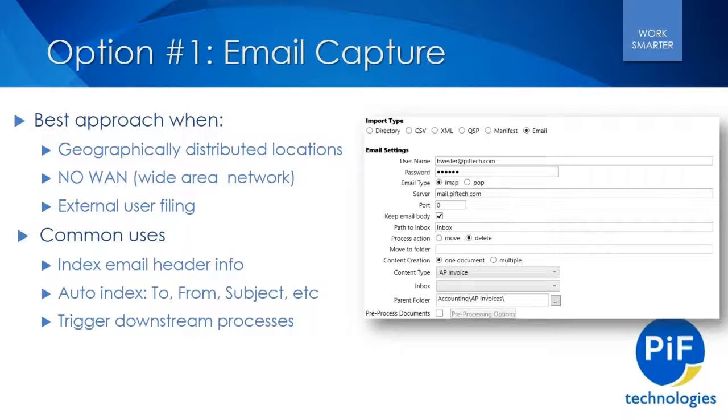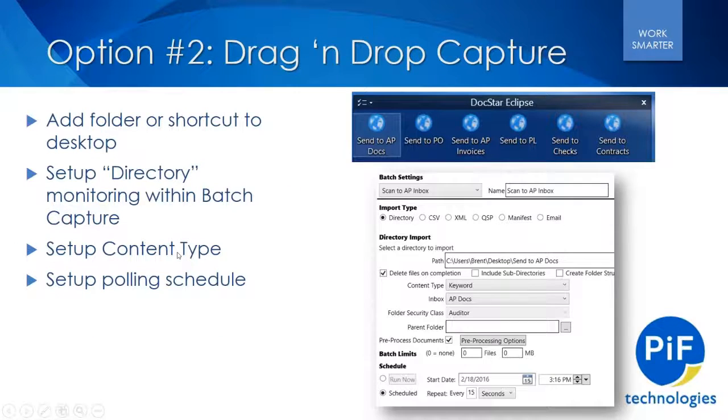We can also, as part of the core system, read the email header data, the to, the from, the subject. So for instance, when we bring in something, I can parse out the email and tell who it came from.